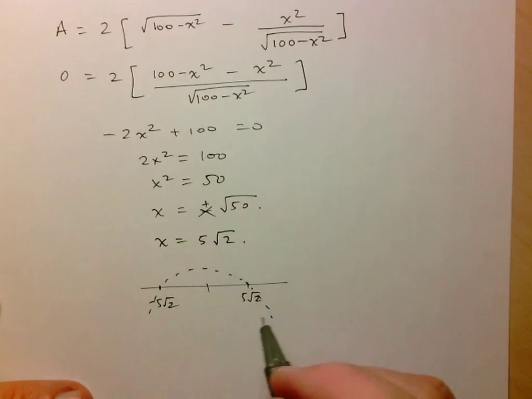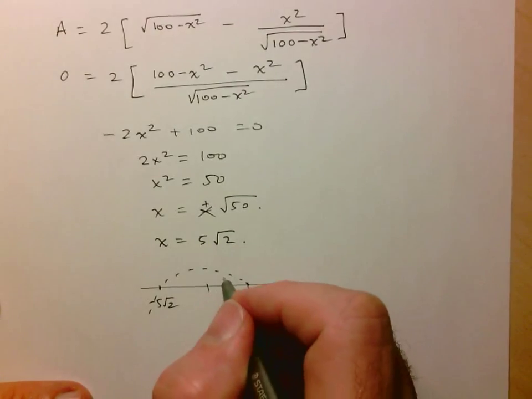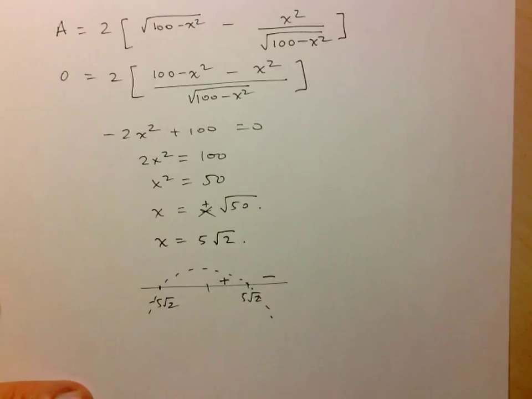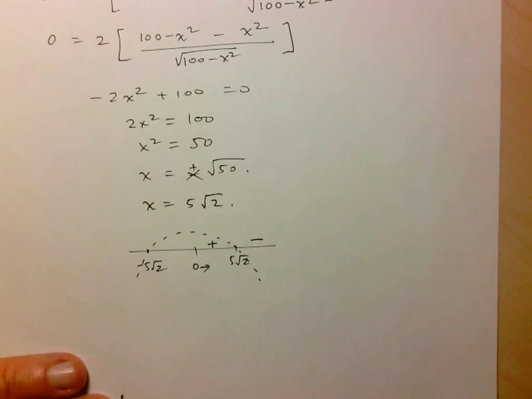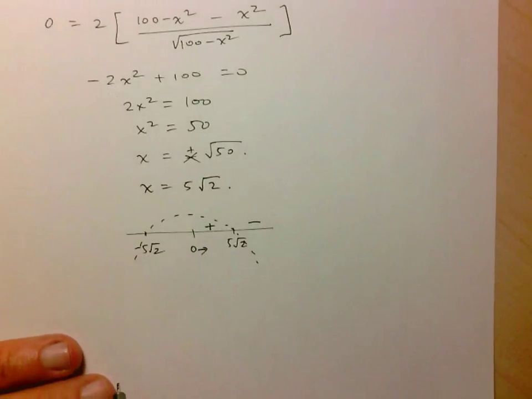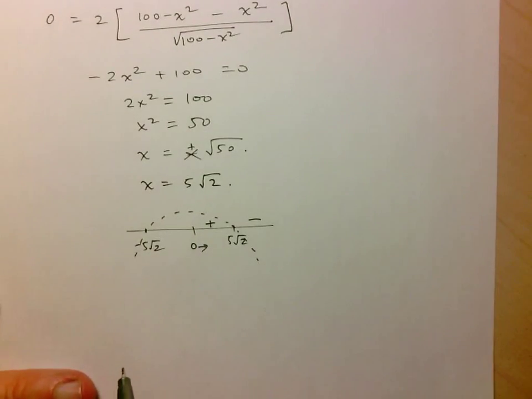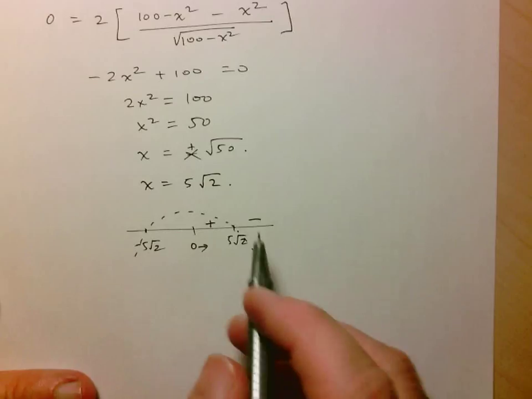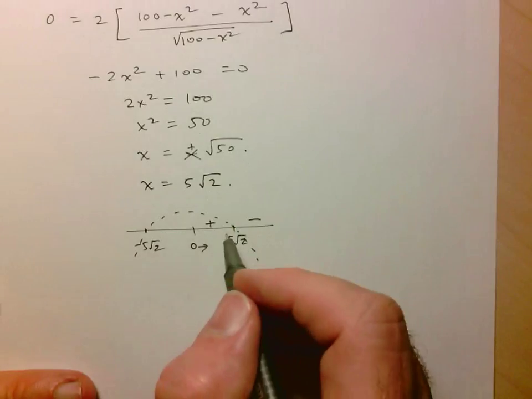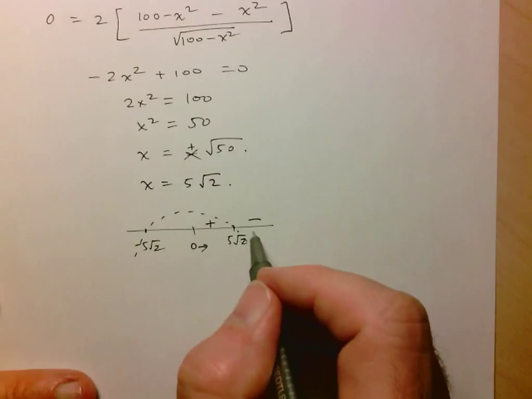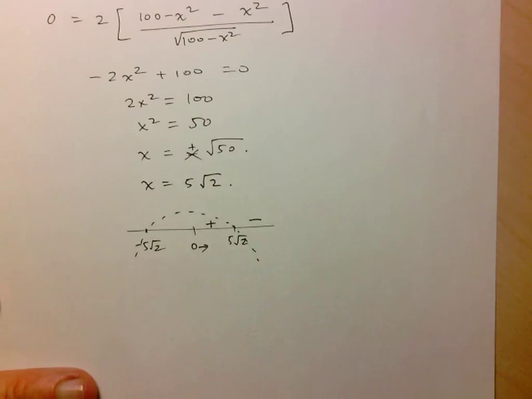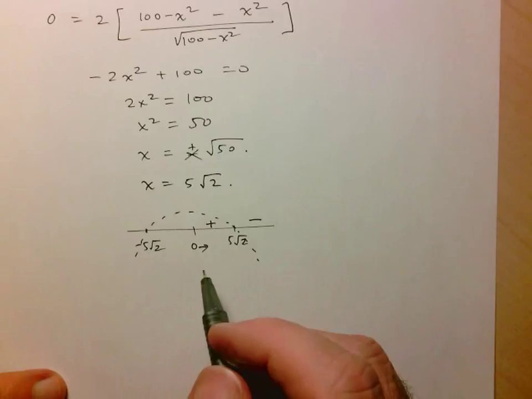So we see that the derivative is going from positive to negative. So we have a local max, but from 0 on, it's actually going to be the absolute max in this domain, because we see that it's continually increasing to 5 root 2, and then it keeps continually decreasing.